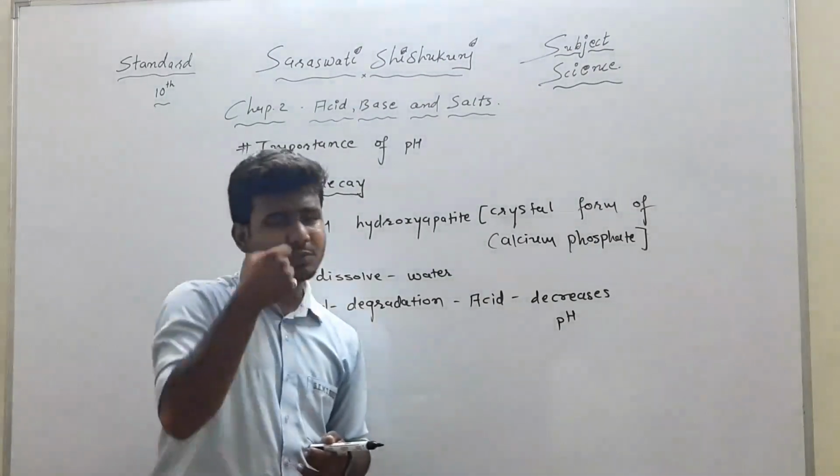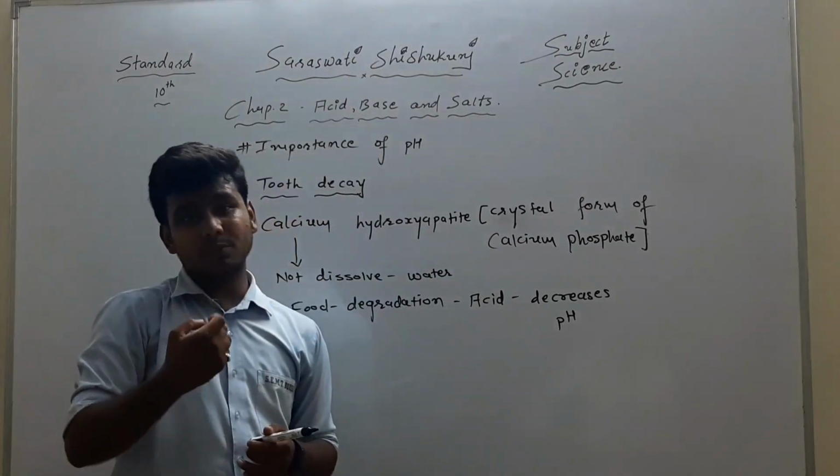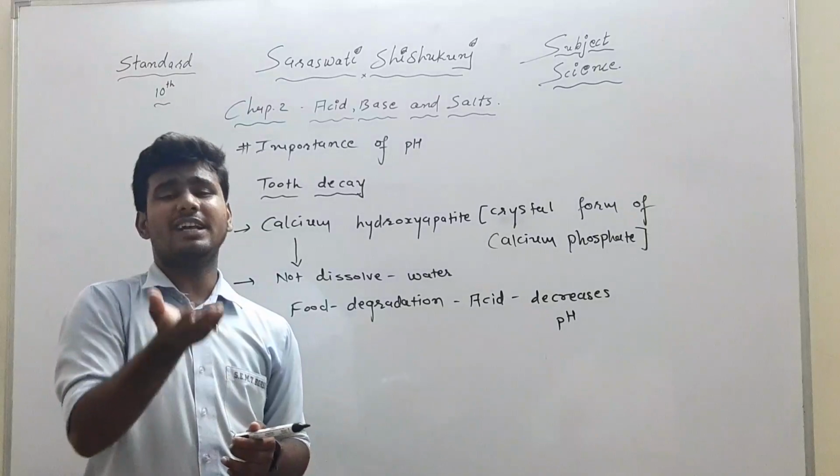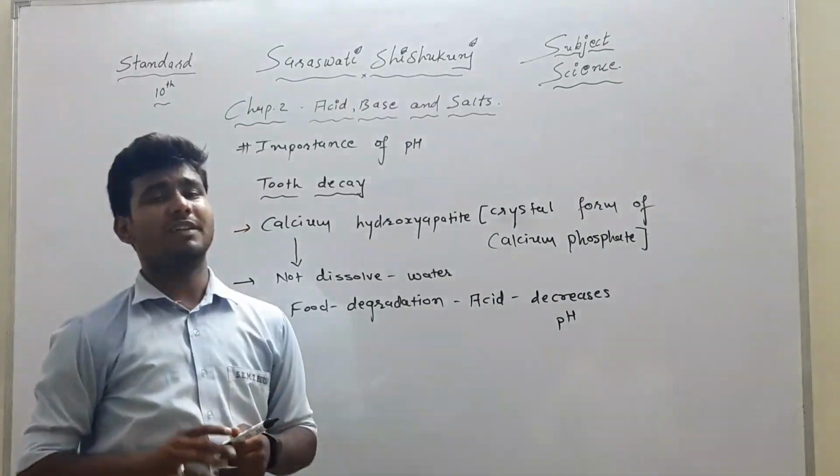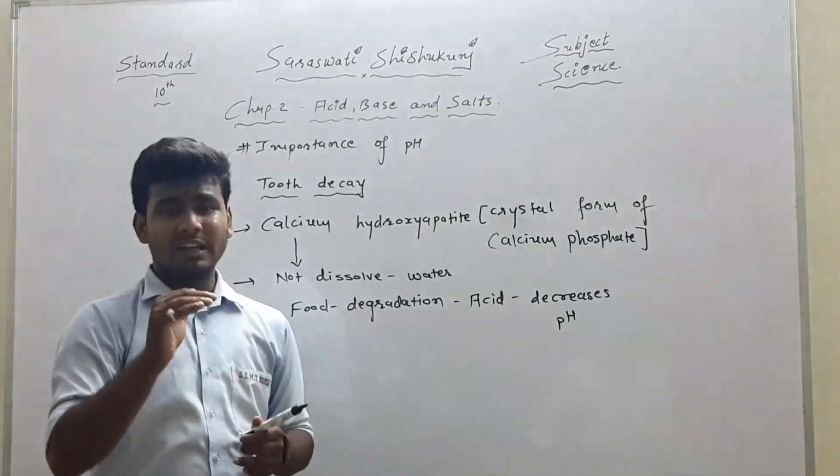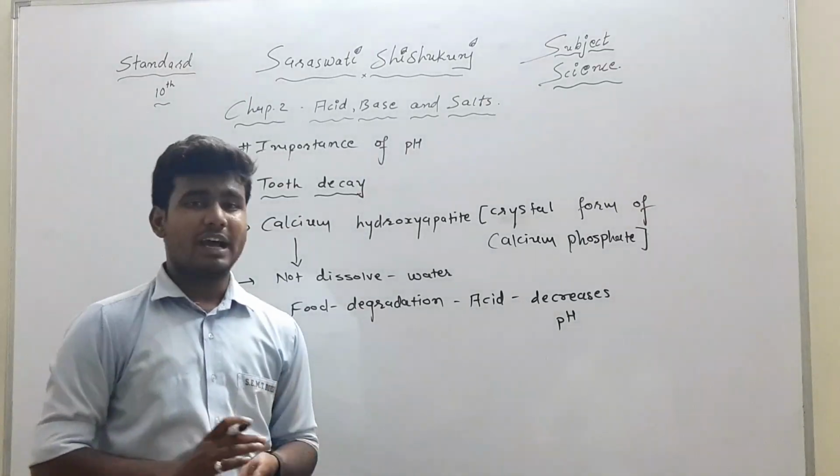So the food particles between your teeth will get degraded and increase the acidity, which decreases the pH in our mouth below 5.5, which is very harmful for us.